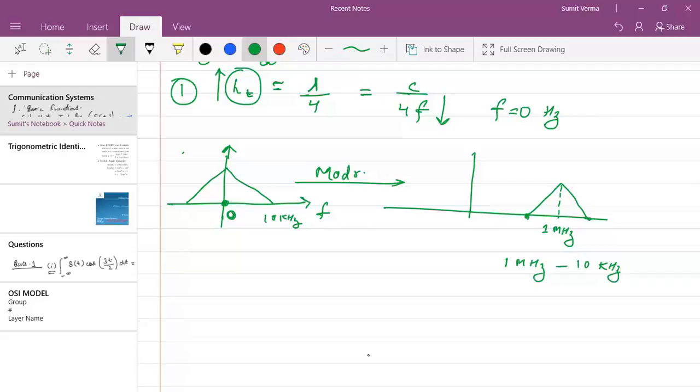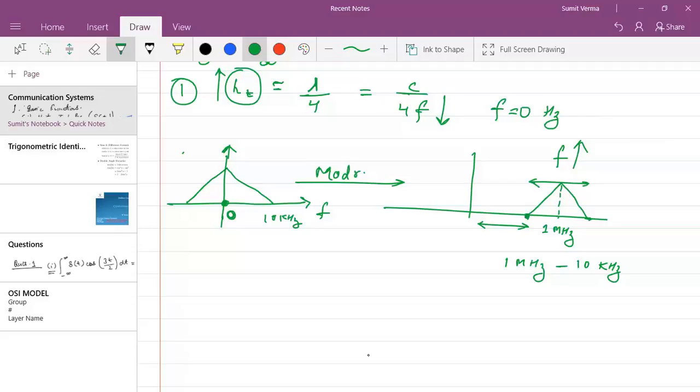This value is significantly larger than the value we had here. So now you can see, because we have increased this f value to this range, we can easily transmit it through some antenna of some practical height. So that is what modulation is doing.